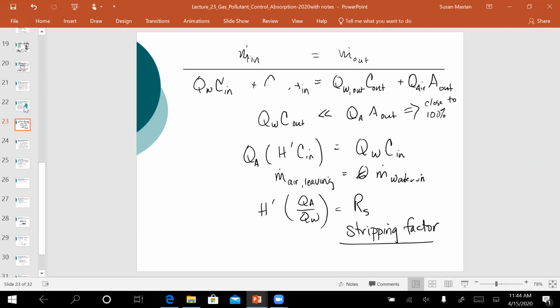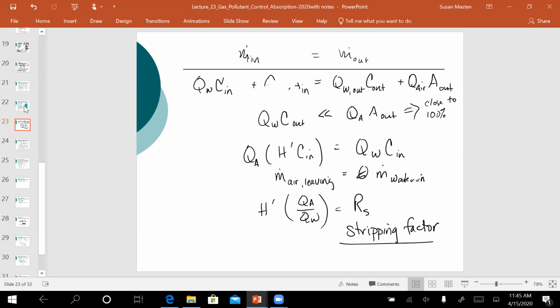Basically, typically your efficiency is going to be somewhere often 95 to 100%. So the mass leaving the airstream is much greater than the mass in the water stream. So we've transferred the vast majority of that contaminant from the water, from that contaminated groundwater, to the airstream.